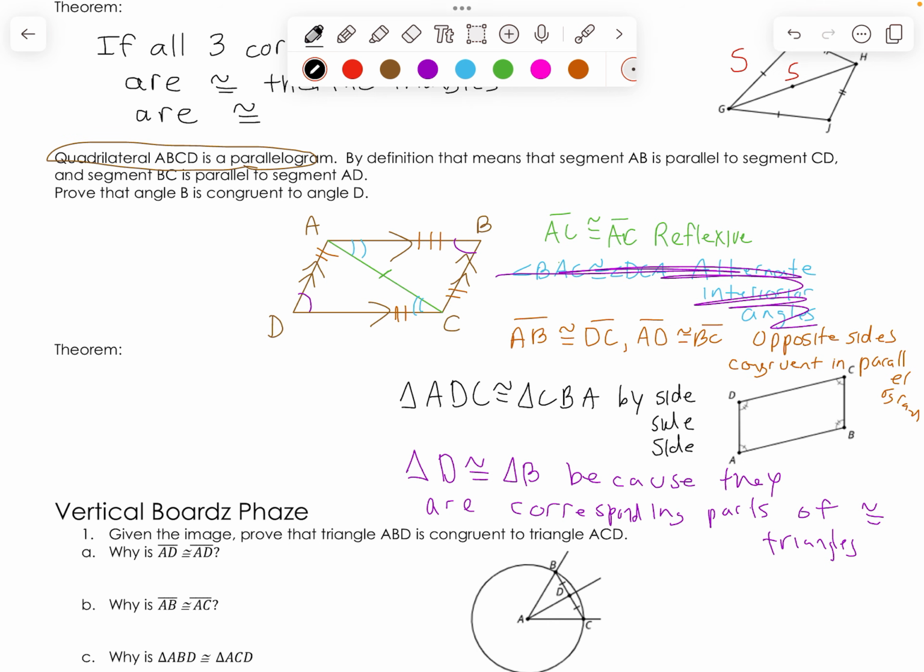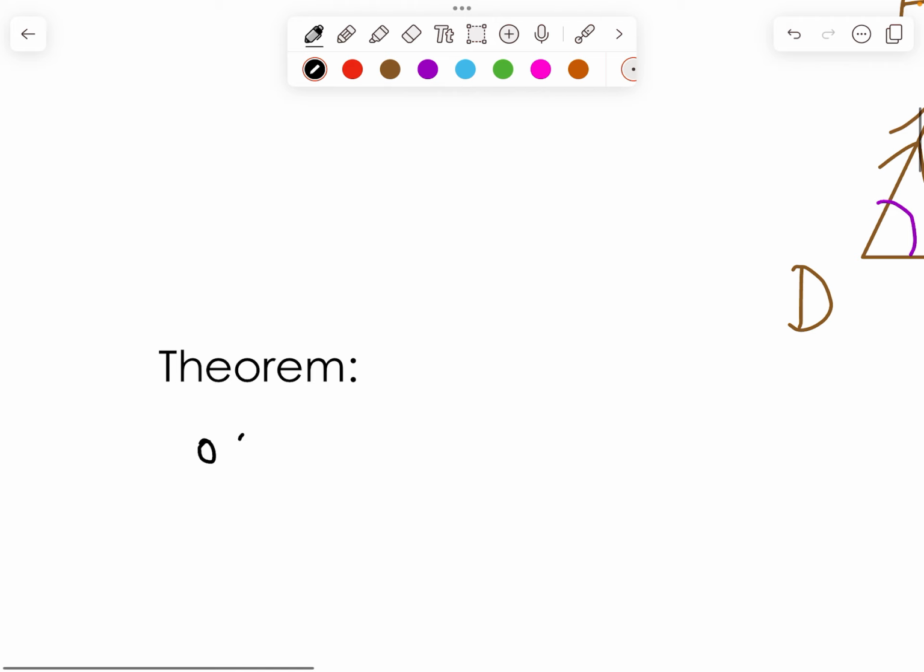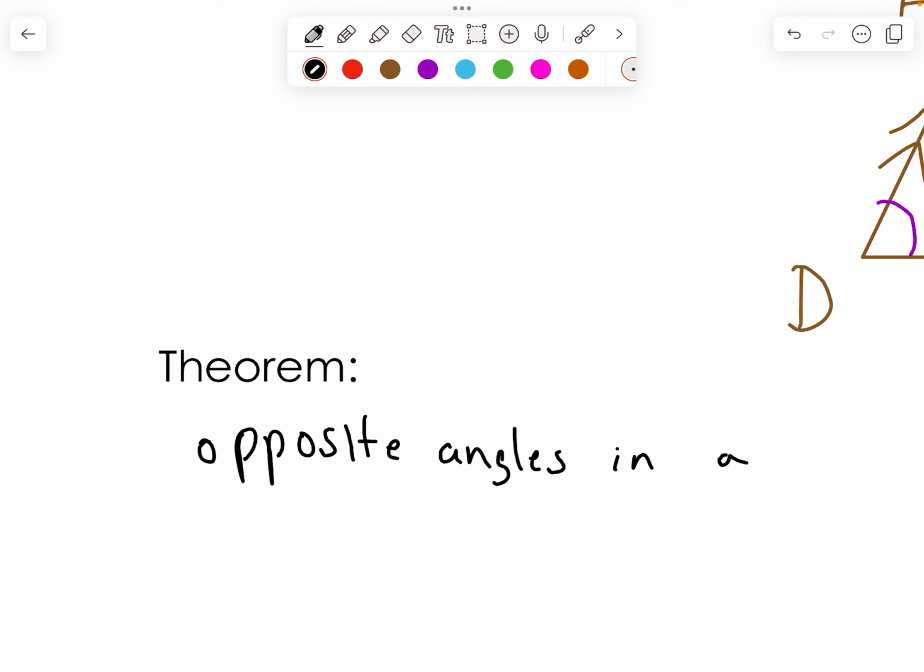And then we have a theorem that opposite angles in a parallelogram are congruent.